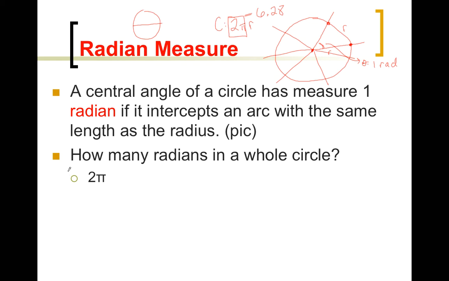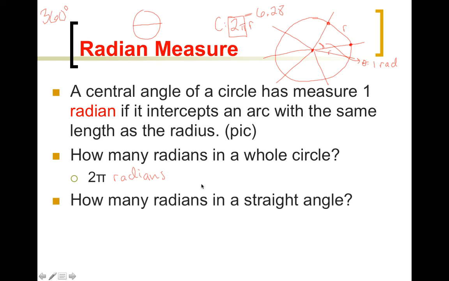We understand in degrees that that's 360 degrees. We know that there are 360 degrees in a full circle. However, we now know that there are 2 pi radians in an entire circle. And if we go a little bit farther and get down to what we can use as a conversion factor, in a straight angle, meaning 180 degrees, well, 180 degrees is half of 360, which means it's half.